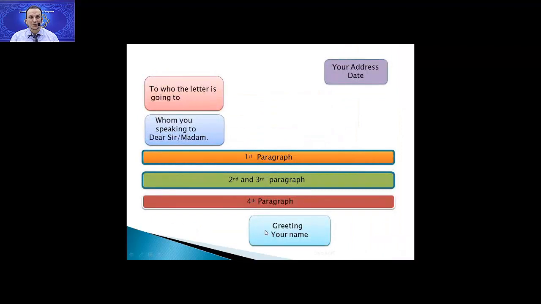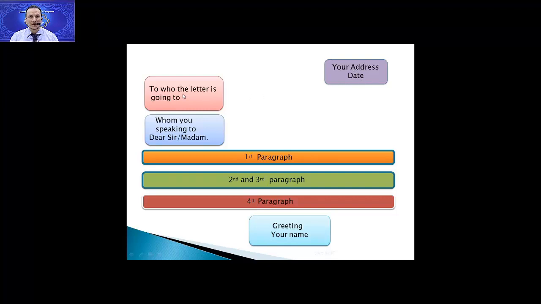To summarize what we explained, now we have the format or outline of formal letters or emails. As you can see, the sender's address and the date go on the right, at the top of the page.